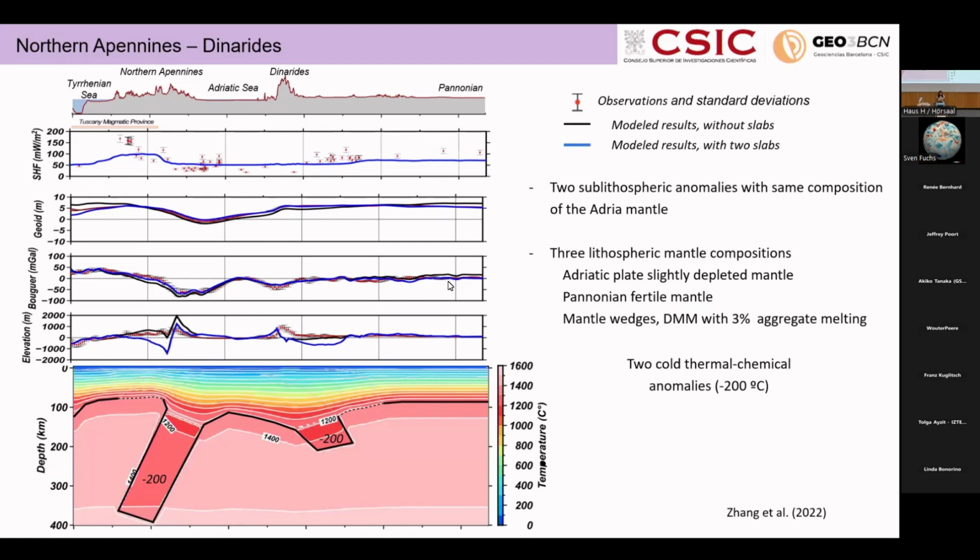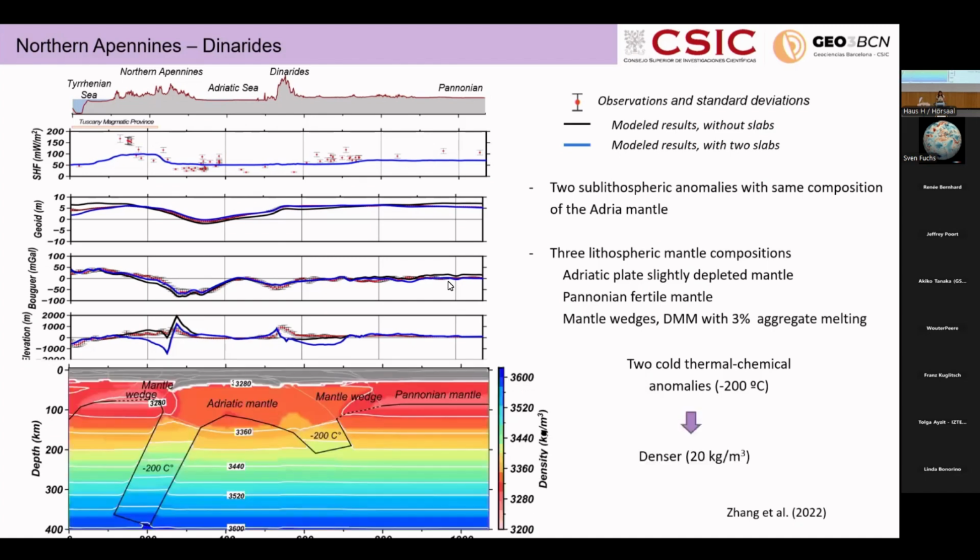Also, I will not go into detail, but we tried the model with these deep slabs, with this deep lithospheric mantle and without, and we saw that in order to adjust geoid, gravity and elevation, we need these lower temperature bodies that in turn result in a denser mantle.